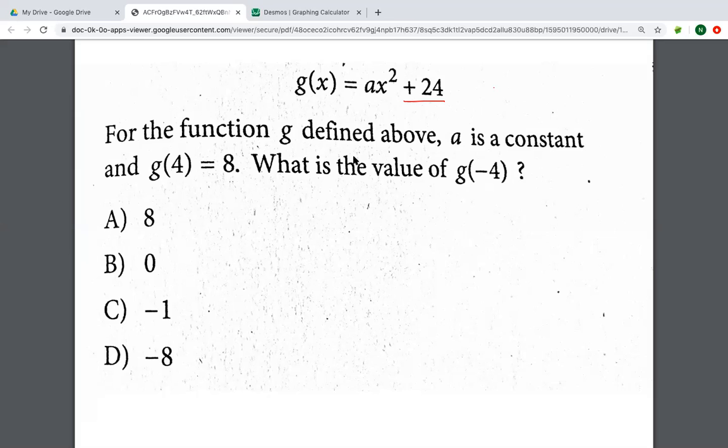Normally we just have x squared, and x squared looks like this. If we have the same function plus 24, it just moves it up, right?